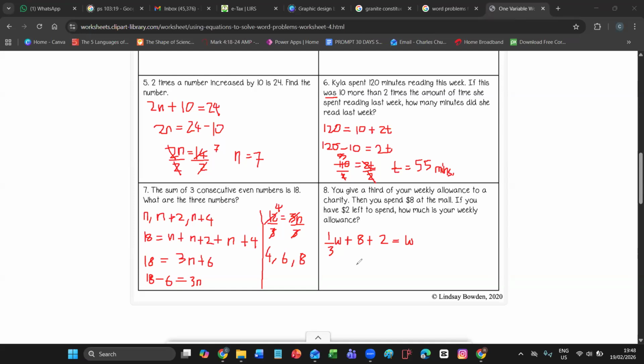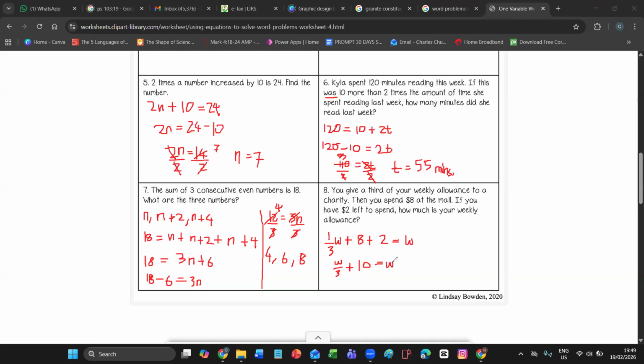So the equation now will be left with W/3 plus 10 equals W. Instead of writing 1/3 W, I can write it as W/3. So the question now is, what do we do next?